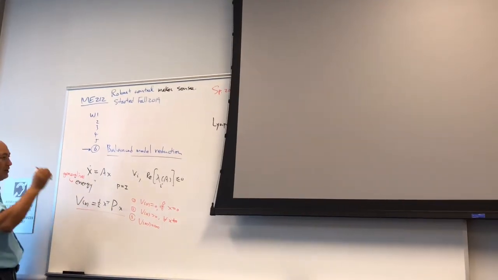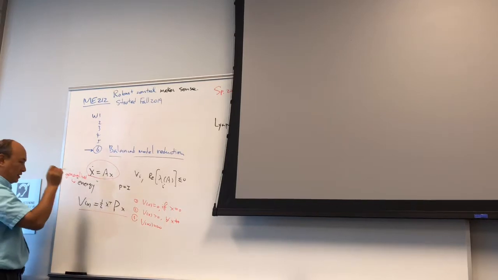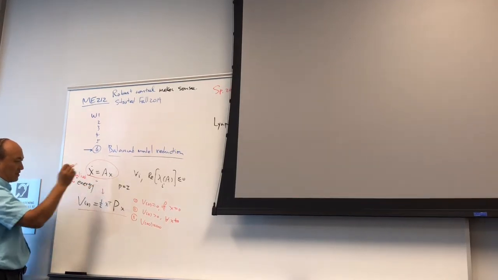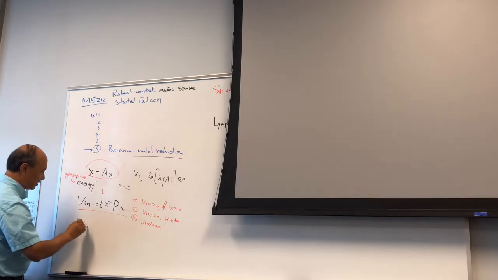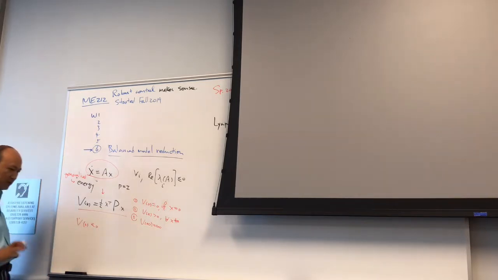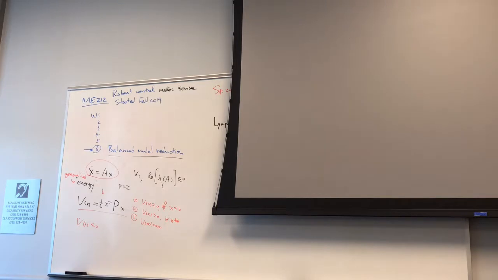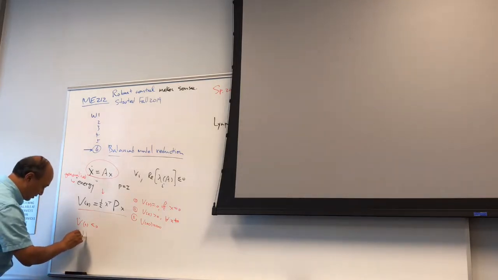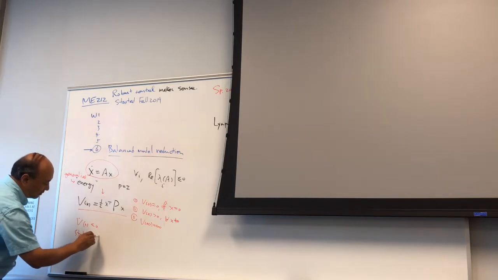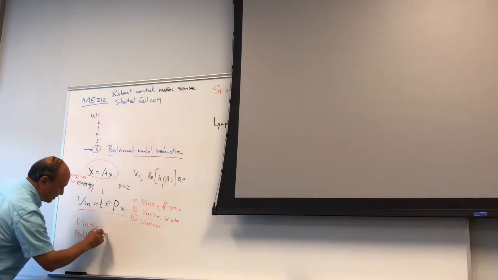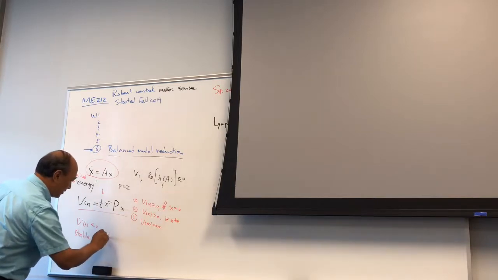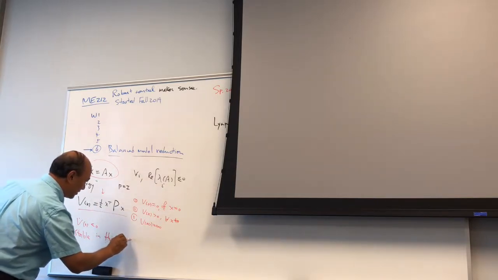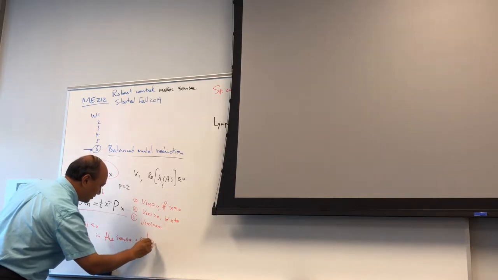So now, if the corresponding generalized energy of the system will always decay, then we say V dot is less than 0, it is always decaying. Then we say the system is stable. Okay, of course, we should say stable in the sense of Lyapunov.